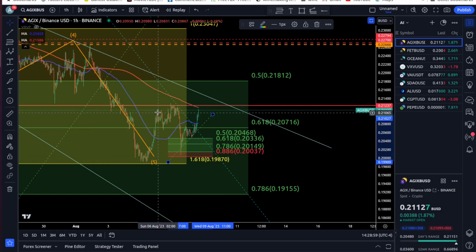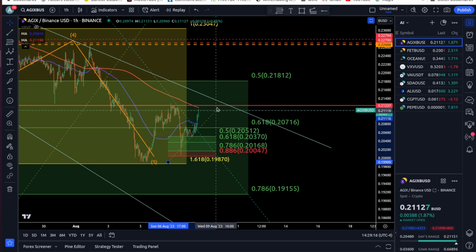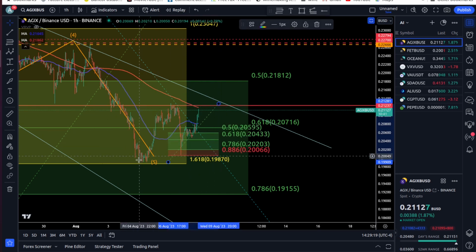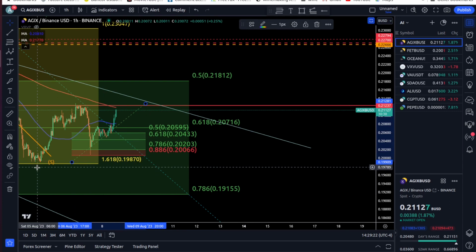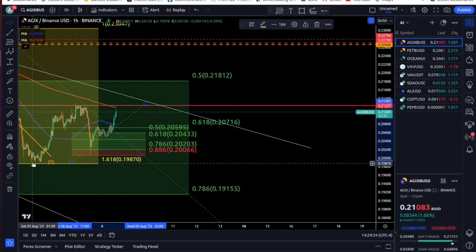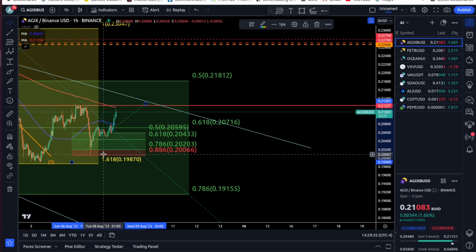Maybe this is the wave 1, and here we did the A, B, C for the A, B, C for the B, and this is the C. We went below the ideal retracement, and now we are going up. Or we could say this could have been a 1, 2, this is a 3, A, B, C for 4 and 5, and this would have done just an A, a B, and an atrocious wave C.